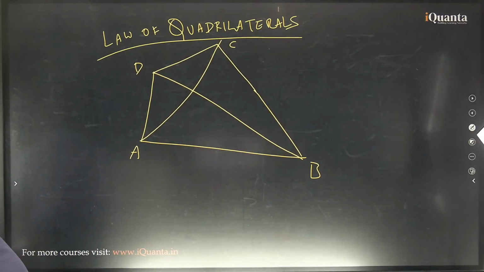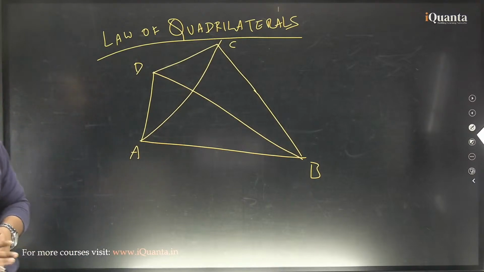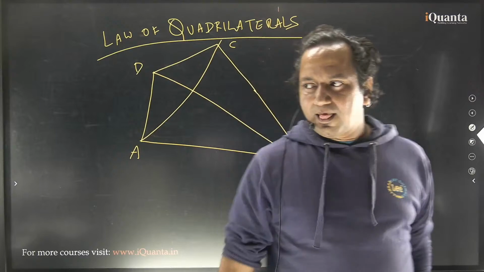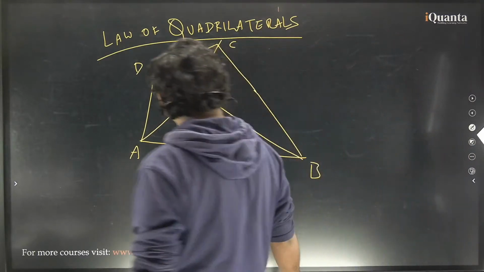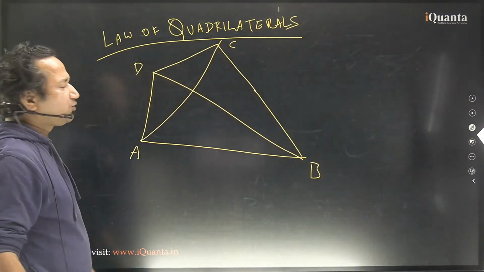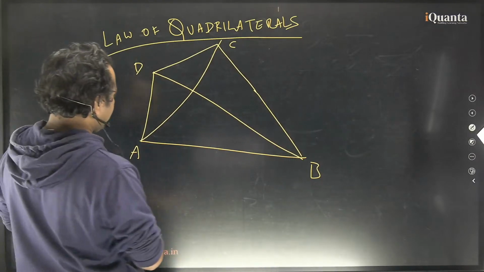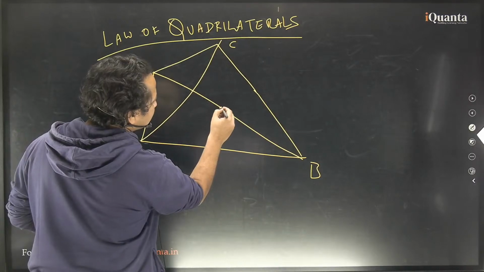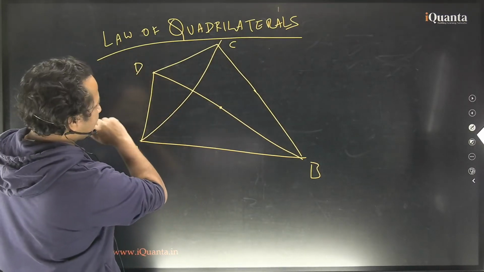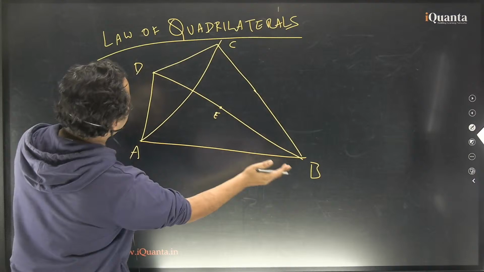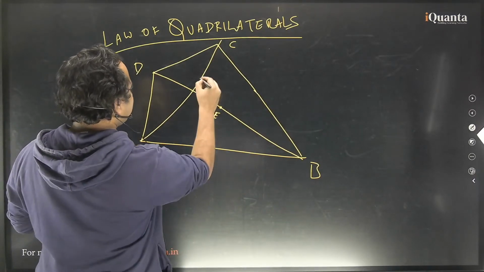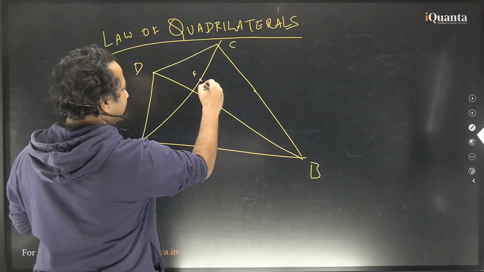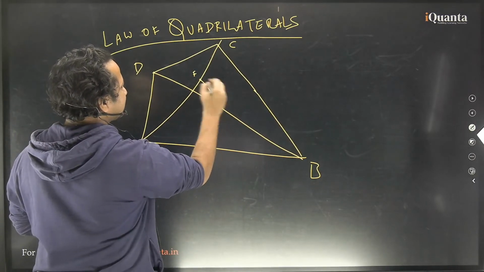It's not even a kite. In case of parallelogram, basically the point of intersection was bisecting the diagonals, but here it is not doing so. Now, what if I say that this A, B, C, D we have, let E be the midpoint of BD and let F be the midpoint of AC and let this distance be X. All right.